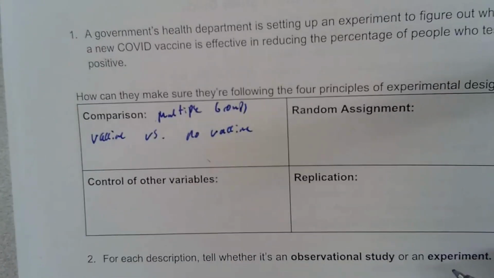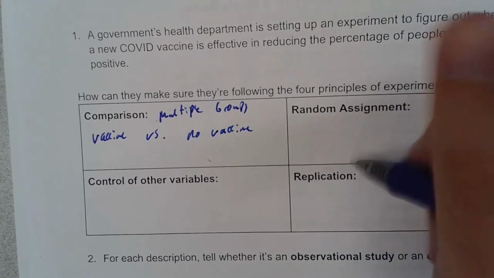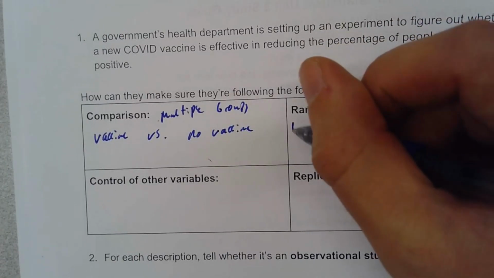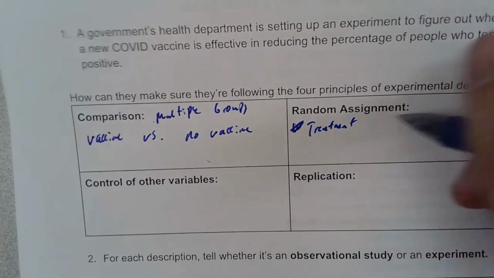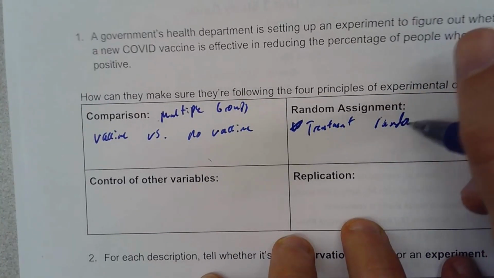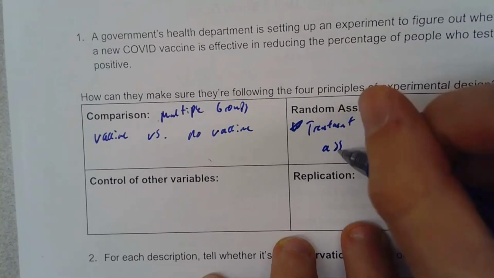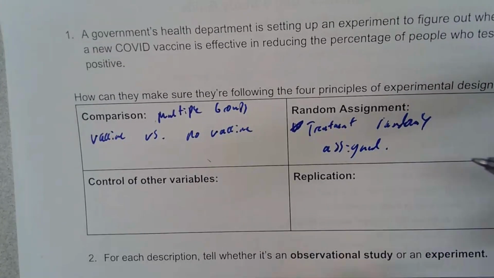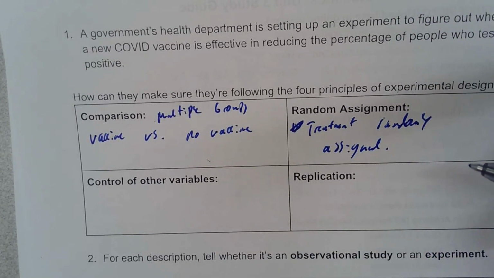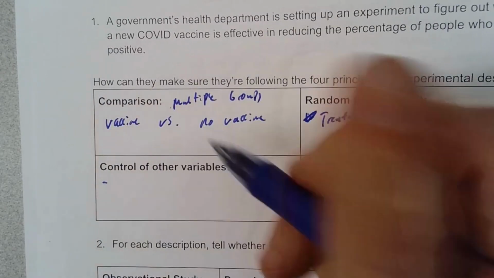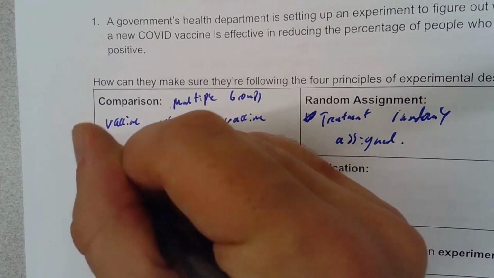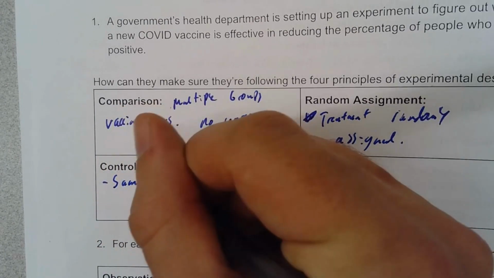Random assignment is just what it means. So it's just like treatment randomly assigned. Control of other variables, things like same dose is really important.